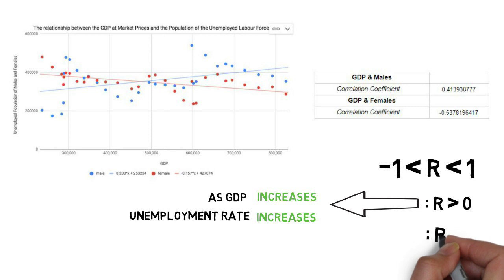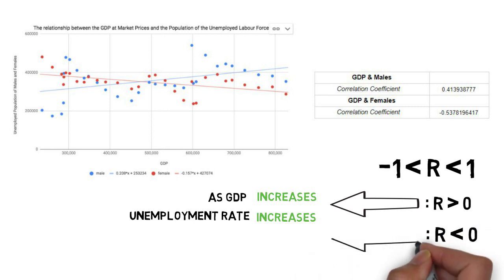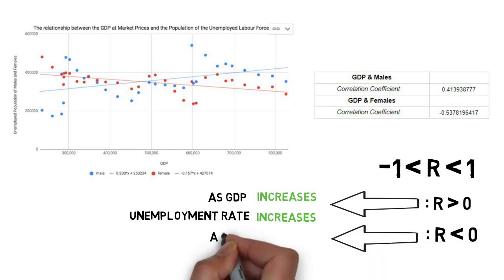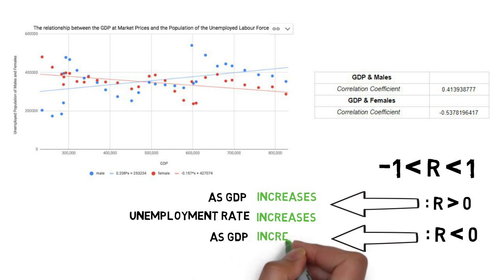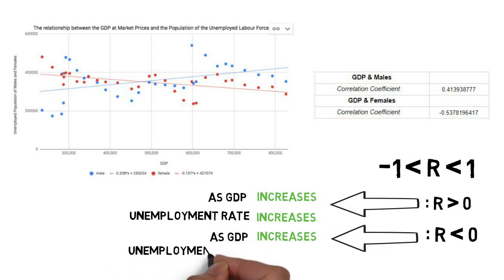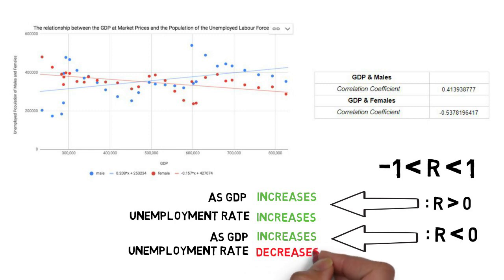For female workers, as the population of unemployed workers increases, the GDP in that year has decreased due to the fact that the correlation coefficient between the dependent and the independent variable is a negative value.